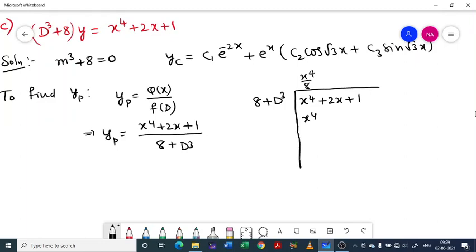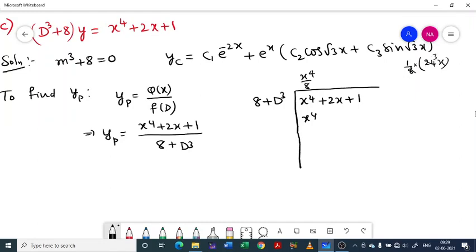Then x power 4 by 8 into d cube. 1 by 8 will be outside. Now differentiating x power 4 three times. So differentiating it 1 time you get 4x cube, 2 times 12x square, 3 times 24x.